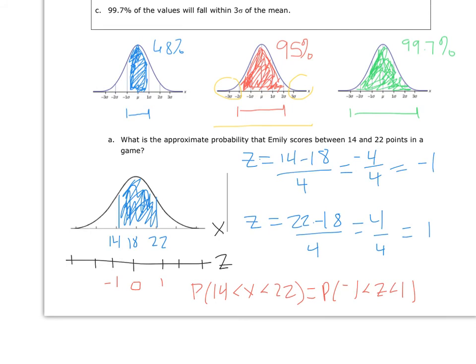By the empirical rule, we know that probability is approximately 68%. We're going to get to where we find exact probabilities, but based on this rule, we can say it's approximately 68%.